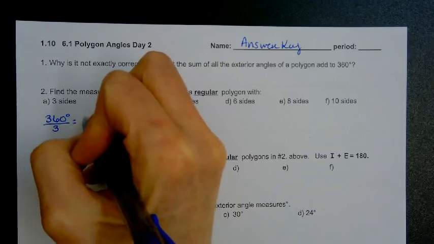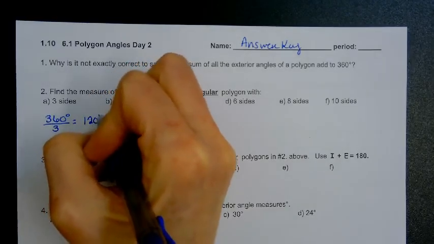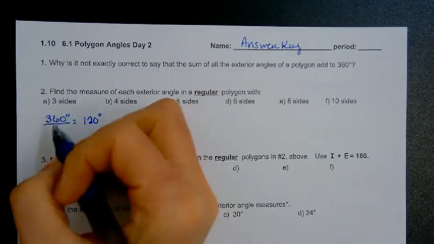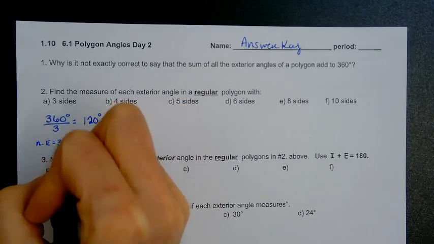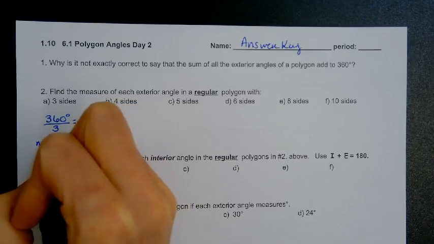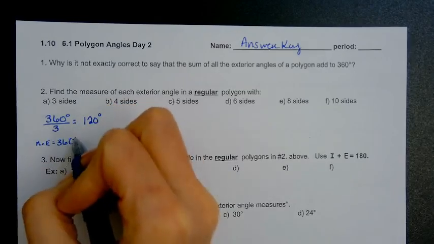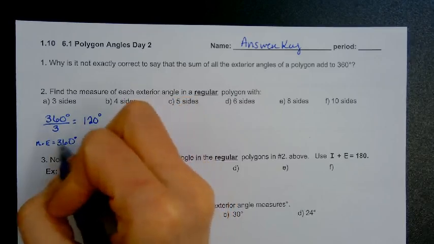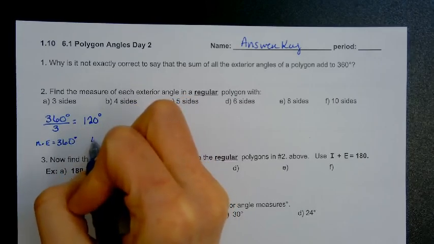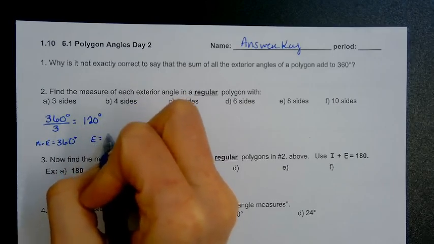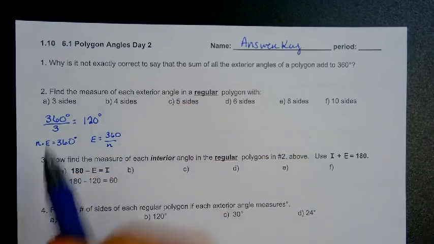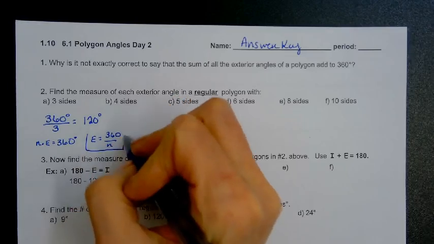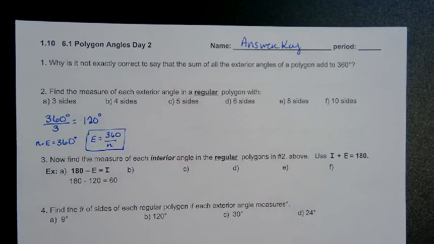So 360 divided by 3 is 120. We're using this formula: N times E equals 360. The number of sides times the exterior angle equals 360 degrees. In this case, we're going to solve for E. So E equals 360 divided by N. So this is the actual form of the equation we're going to use.